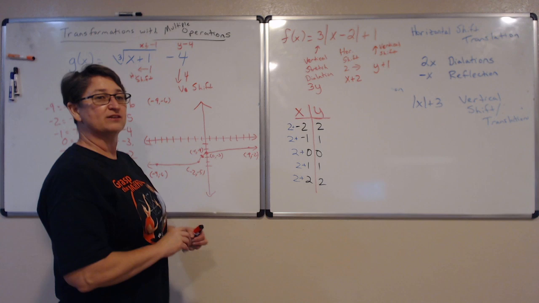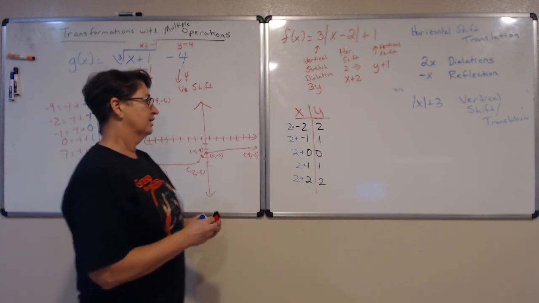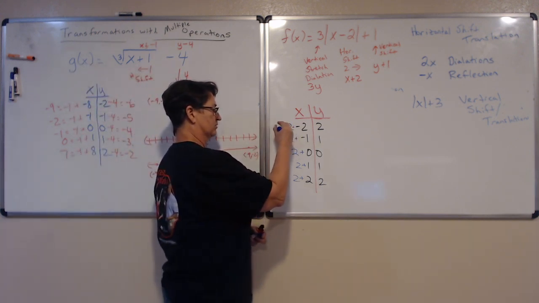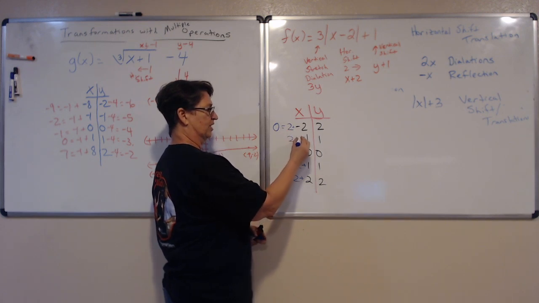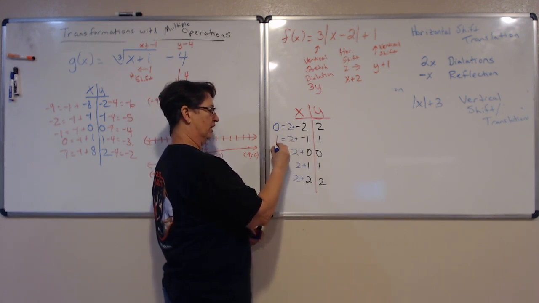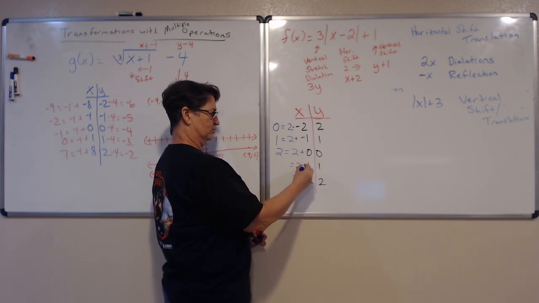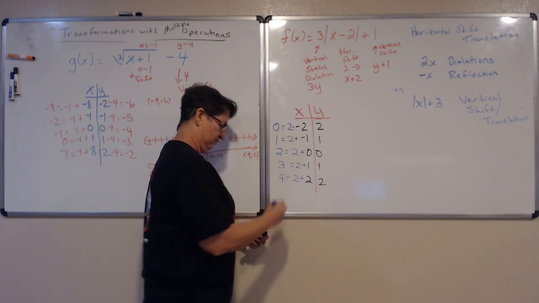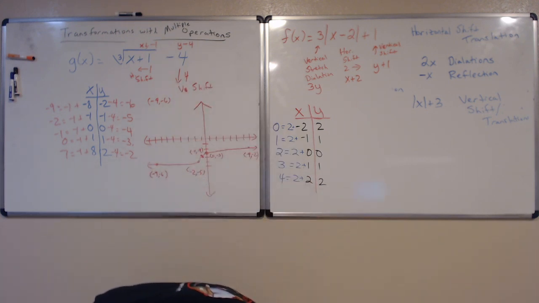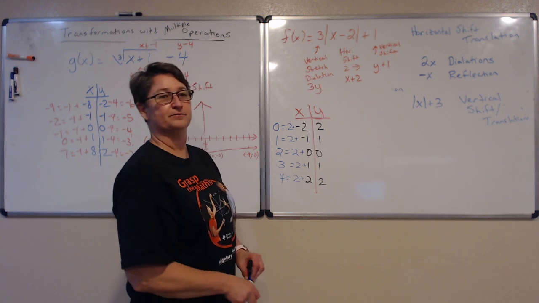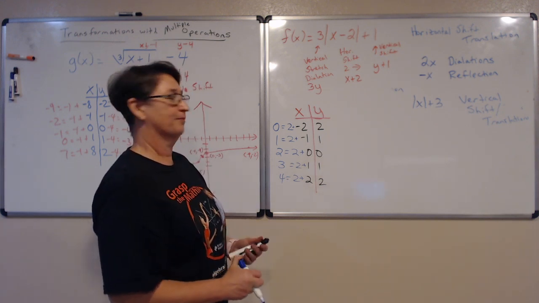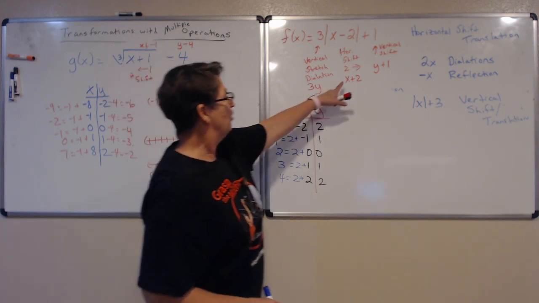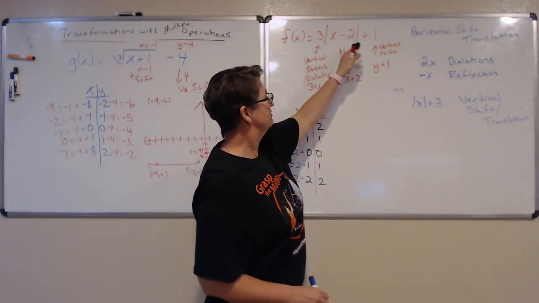So 2 plus a -2 gives me a 0. 2 plus a -1 gives me a 1. 2 plus 0 is 2. 2 plus 1 is 3. 2 plus 2 is 4. So I've got that horizontal translation inside there first.